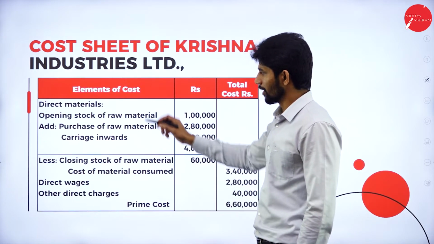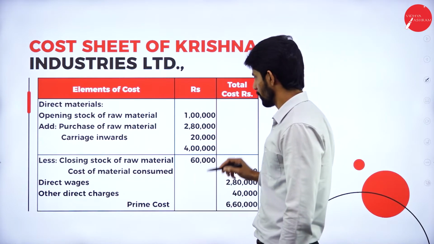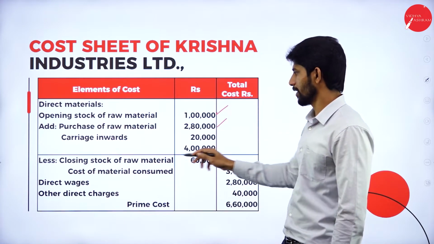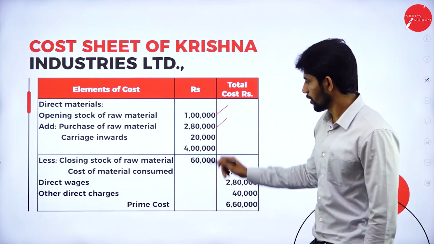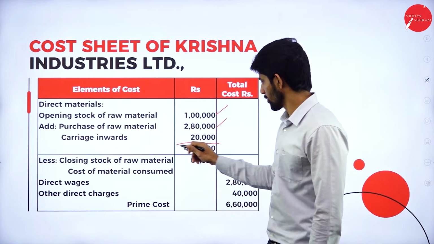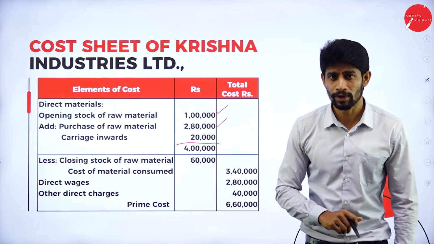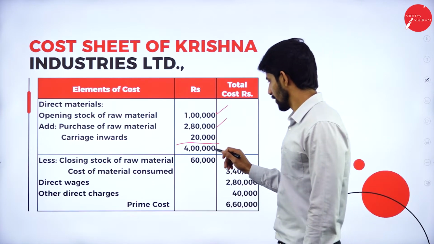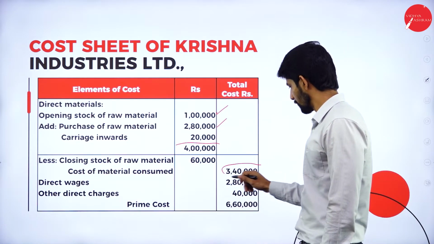So cost sheet, direct material, opening stock of material 1 lakh, add purchase of material 2,80,000, add carriage inward rupees 20,000, totally you will get 4 lakh rupees. From 4 lakh less closing stock of raw material, you will get the balance of 3,40,000.